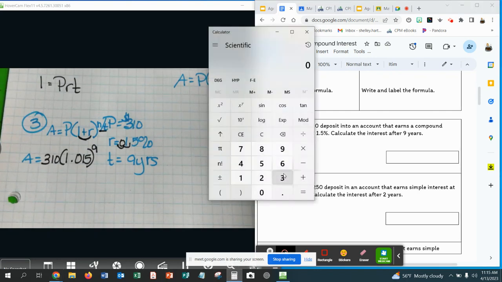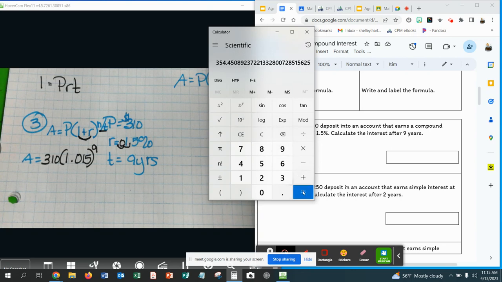There it is. I'm going to make sure and clear it out. Everybody should have their calculator up. So 310 times 1.015, then the special button, which is the X and Y right here, or sometimes it has an A and a B as the exponent. I'm going to click on that and press 9.